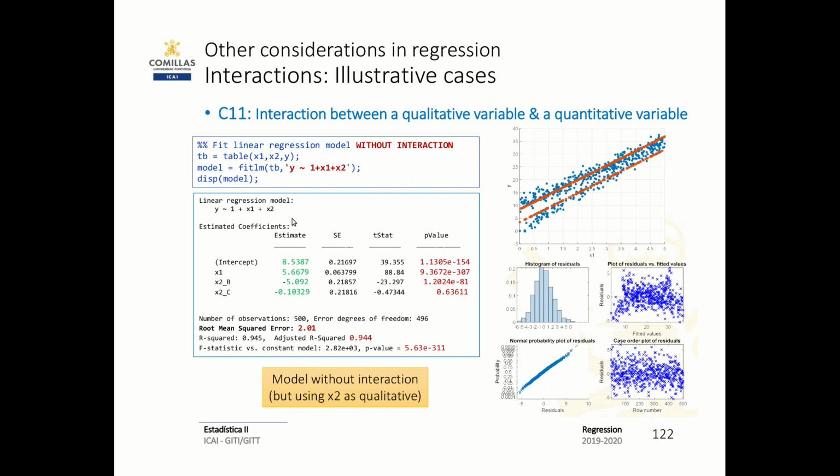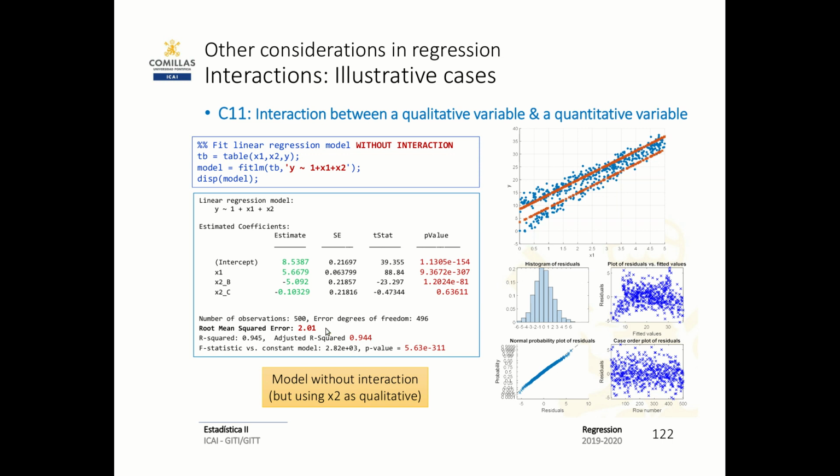So now we use x2 in the right way, by expanding it into two dummy variables, and now we will have estimates for x2 when it takes the b value, and x2 when it takes the c value. We know that the value for a is 0, so it seems that x2b is extremely significant, x2c is not significant.